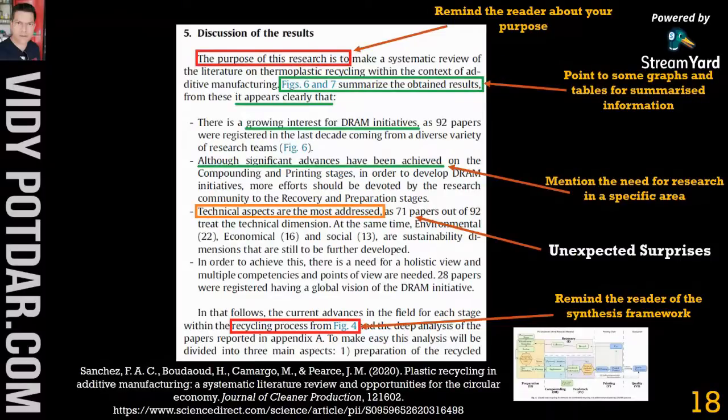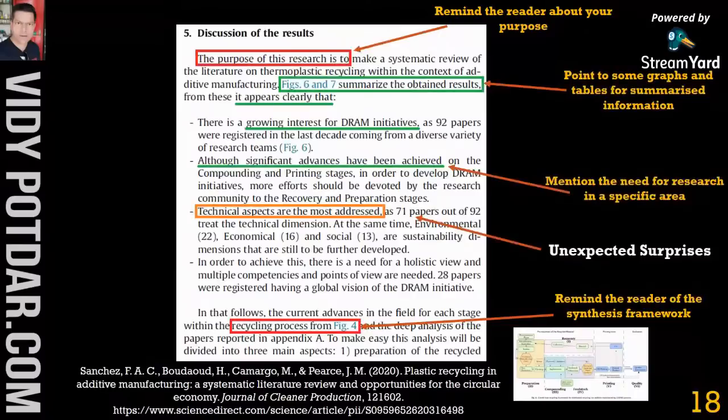When you review these two sections, 6 and 7, it is clear that there is a growing interest in DRM initiatives, as 92 papers were registered in the last decade.